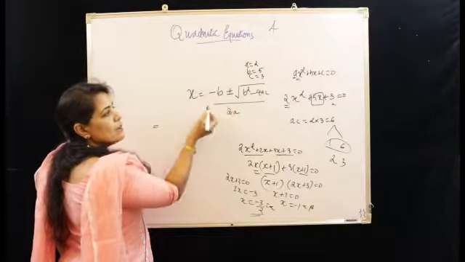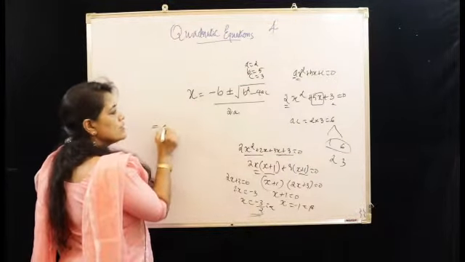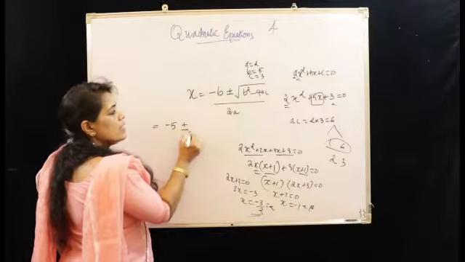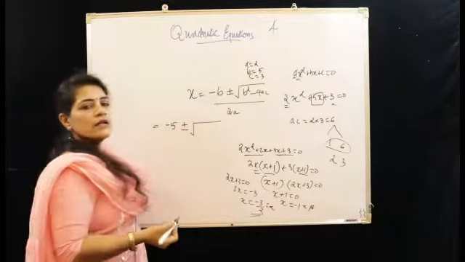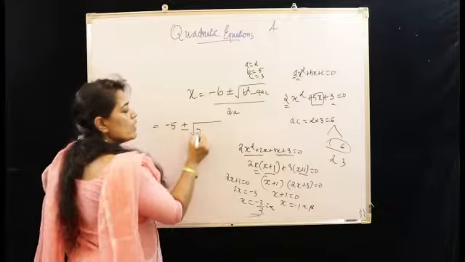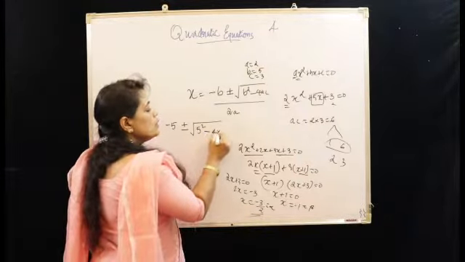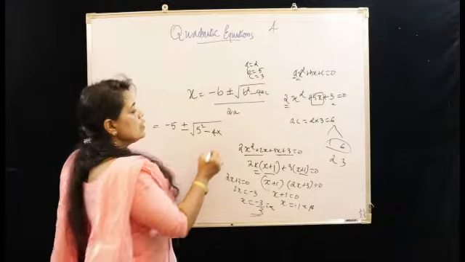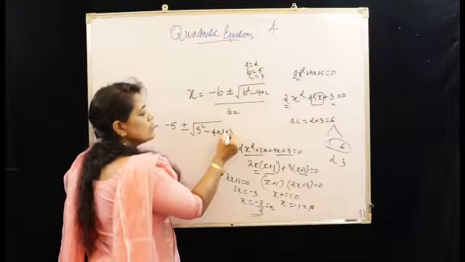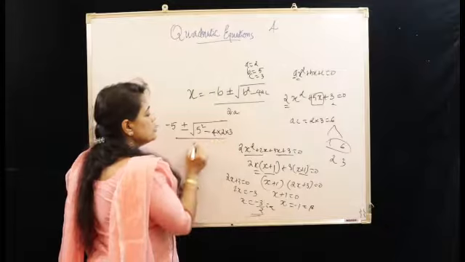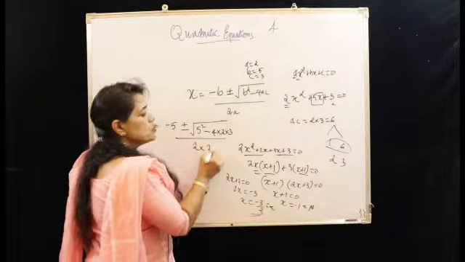So minus b is minus 5, plus or minus the square root of b square, here b is 5 so 5 square, minus 4 into a is 2 and c is 3, divided by 2 into a, which is 2.